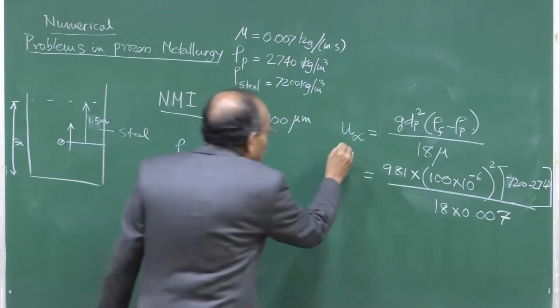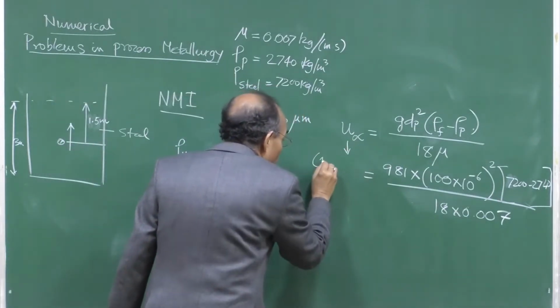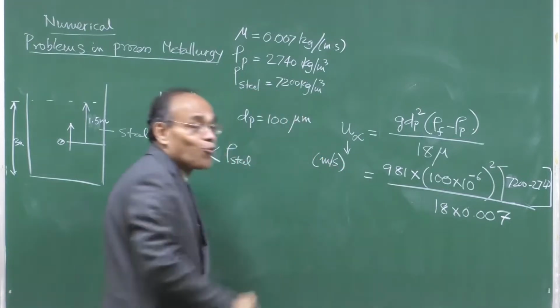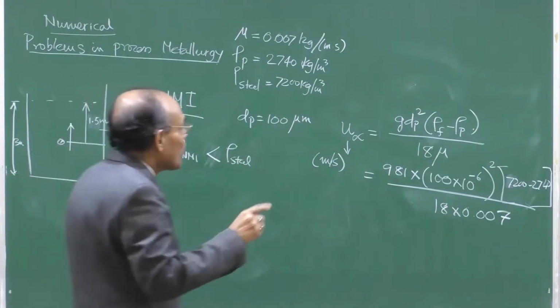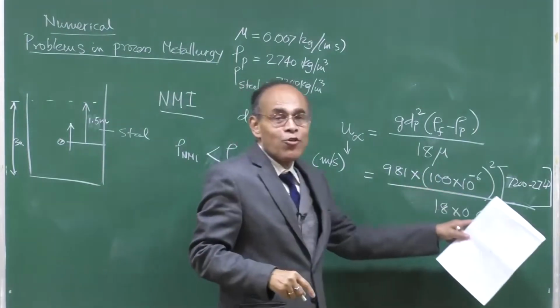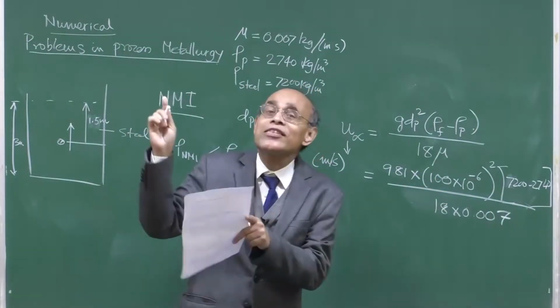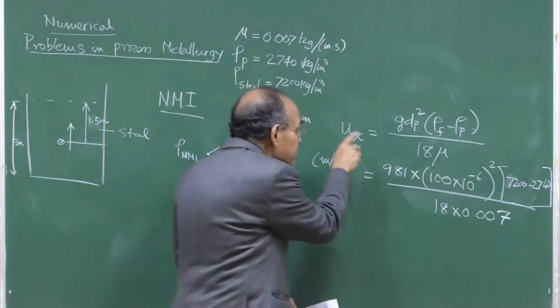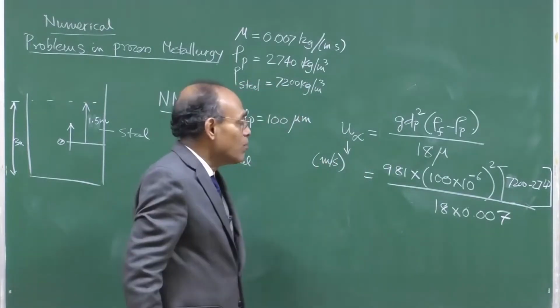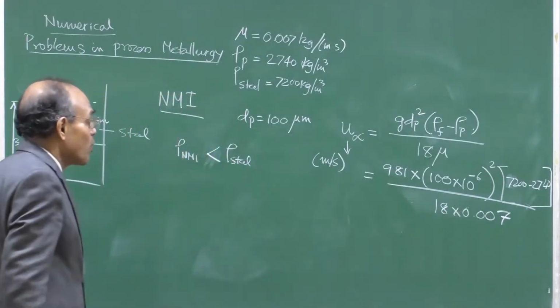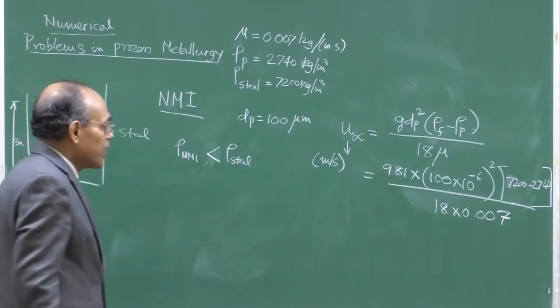And for this U infinity, make a habit of writing the unit also, and you will never make a mistake. Most of the time you tend to do a problem by mixing the units, which is not desirable. Convert everything to SI units and then solve, and adjacent to the parameter also write down the units in which the value is going to come out, so that you can never get confused.